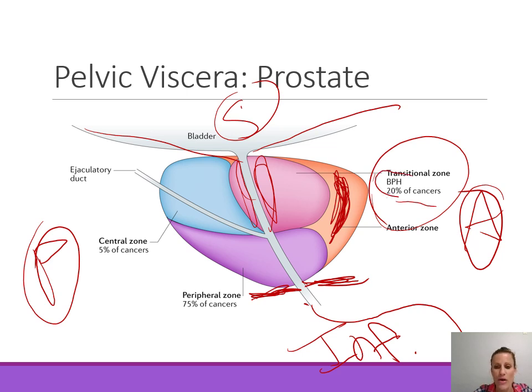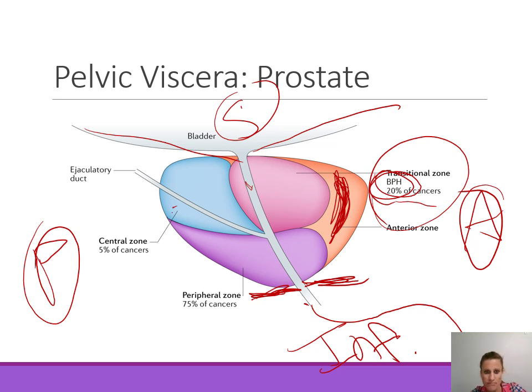However, this is the area where we typically have a lot of hypertrophy and where the symptoms occur because of that hypertrophy and BPH, benign prostatic hypertrophy. Hypertrophy is like overgrowth. So if there's overgrowth in this zone, that would start to squeeze the urethra, right? And that can interfere with flow through the urethra, which is why it's difficult to release urine in BPH, because the urethra gets compressed with that overgrowth of the prostate.